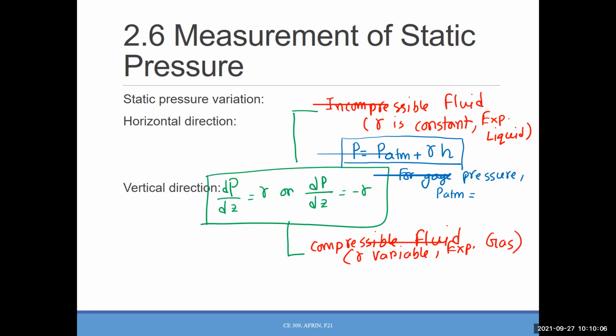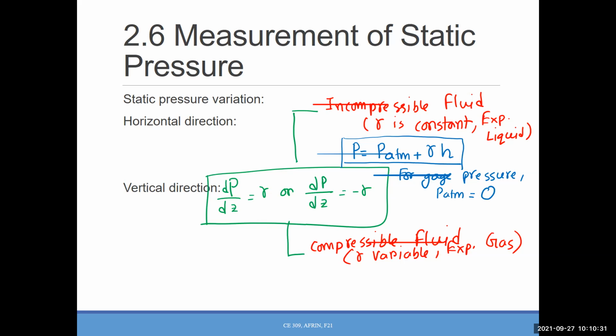That is the equation, but when we measure the pressure in gauge scale, we consider atmospheric pressure equals to... Whenever I ask any question of what will be the value, the first two guesses should be 0 and 1. So say 0 or 1. Most of the time it will be the correct answer.